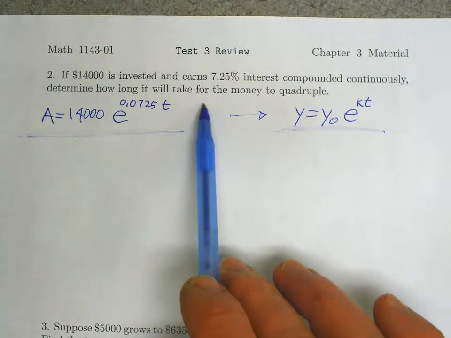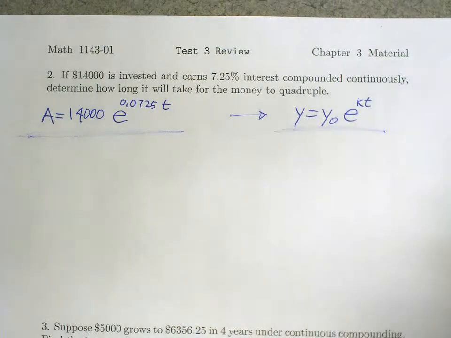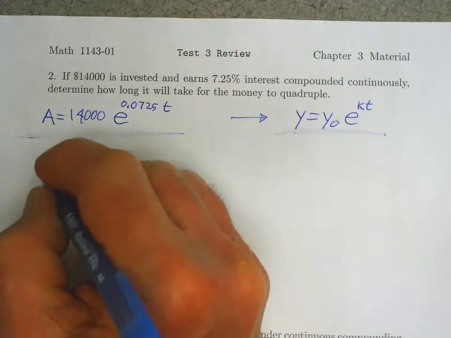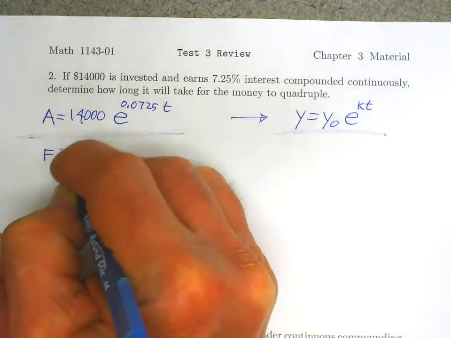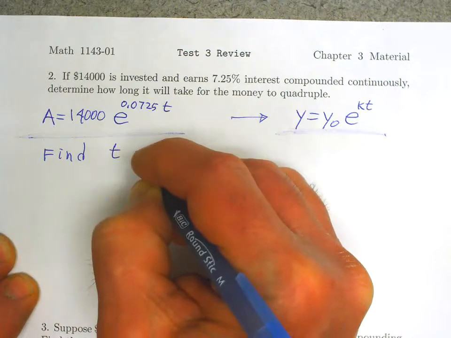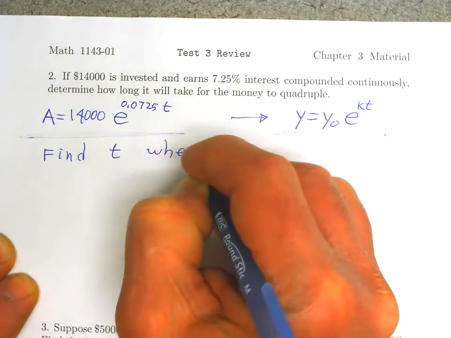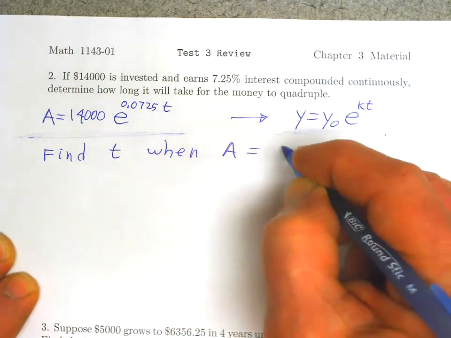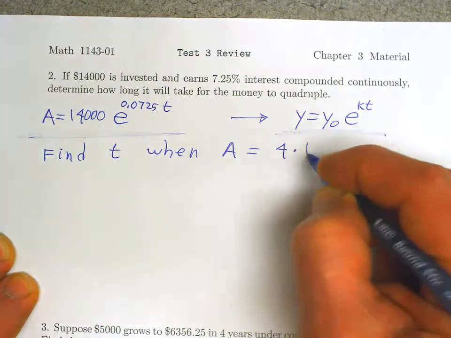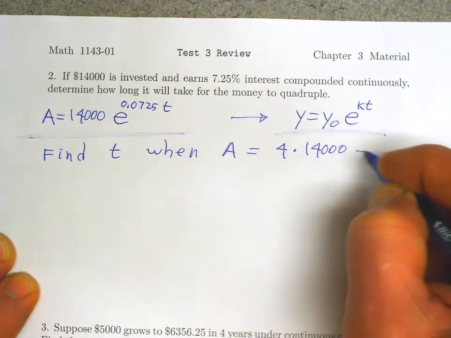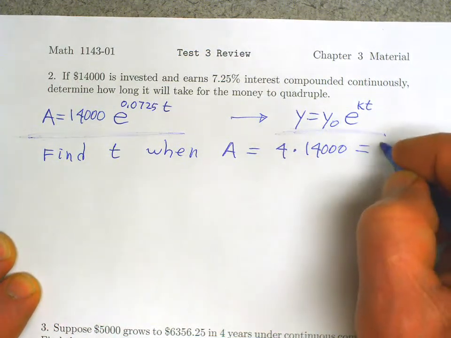Okay, how long does it take for the money to quadruple? That means to be 4 times the initial amount. So we want to find the value of t when the value of A is 4 times the initial amount, 14,000, and 4 times 14,000 is 56,000.